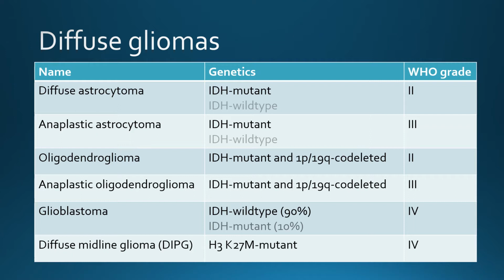Similarly, the oligodendrogliomas and anaplastic oligodendrogliomas are also IDH mutant, and these are also 1p19q co-deleted. Glioblastoma is predominantly IDH wild type, 90% of them. And diffuse midline glioma, also known as diffuse intrinsic pontine glioma, also has a specific genetic marker.